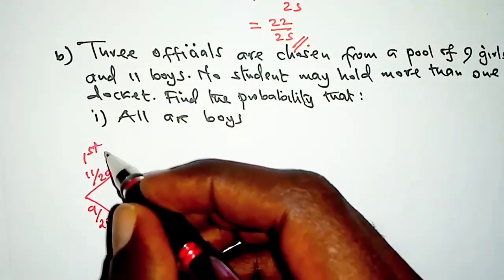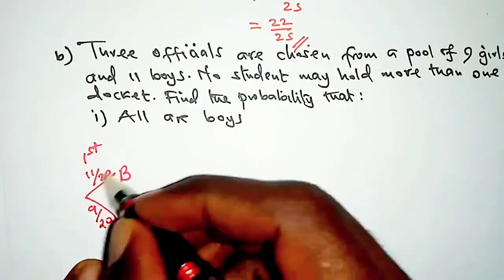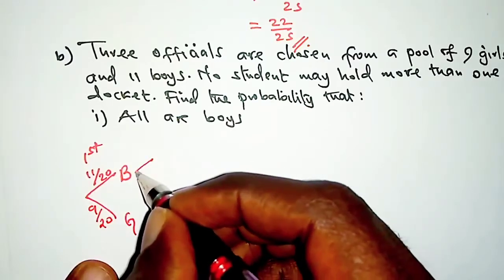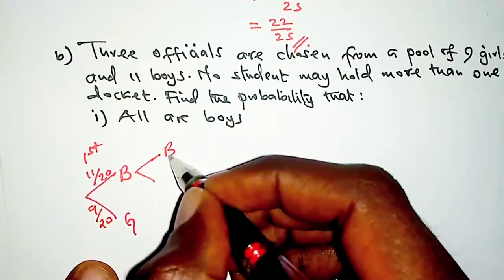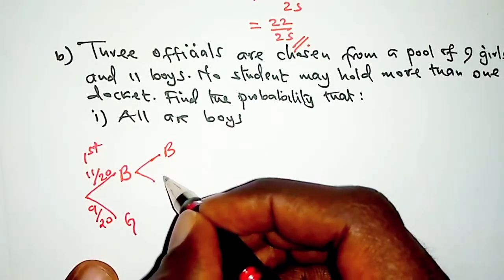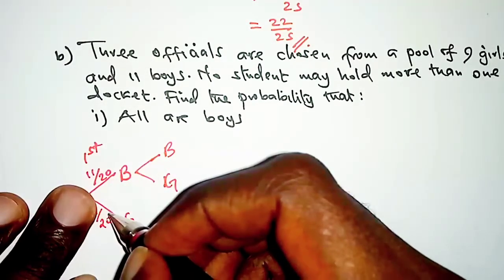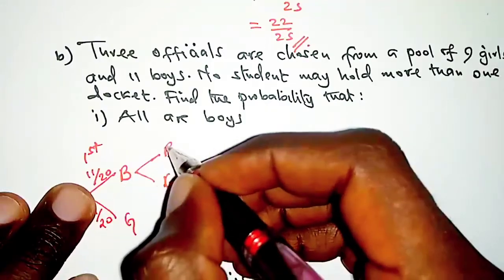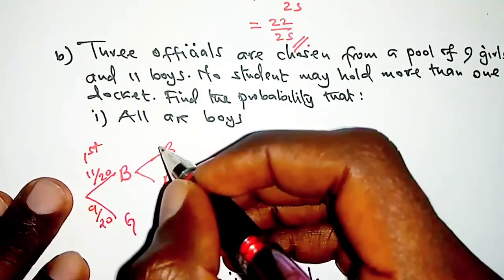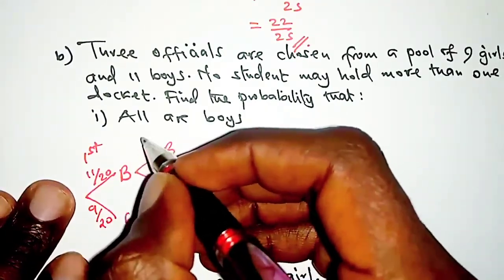So if in the first selection a boy was chosen, then the number of boys should reduce by 1 when we move to the second selection.